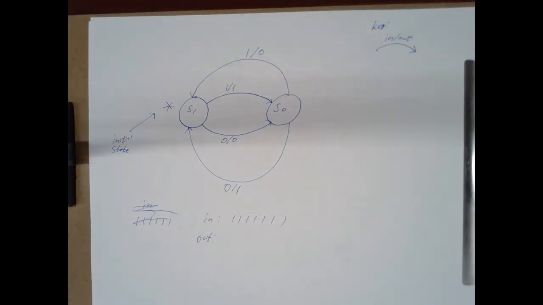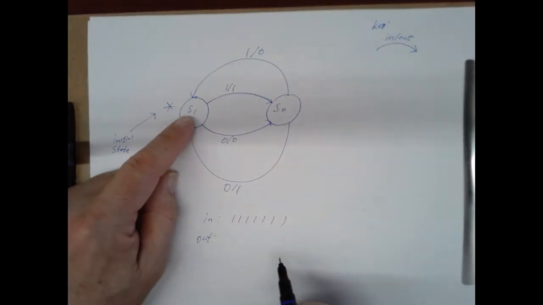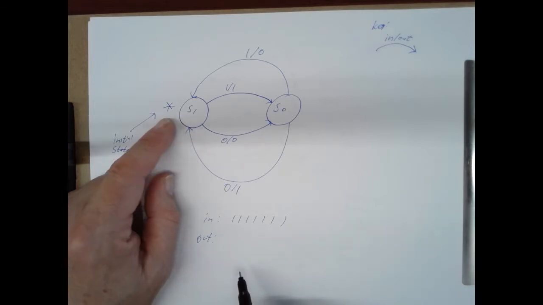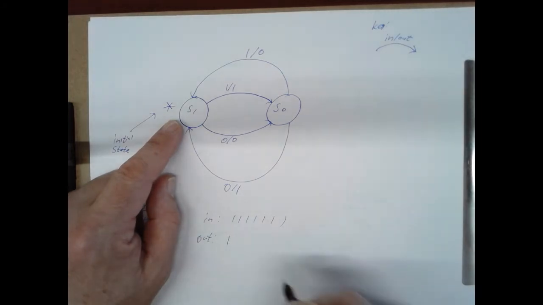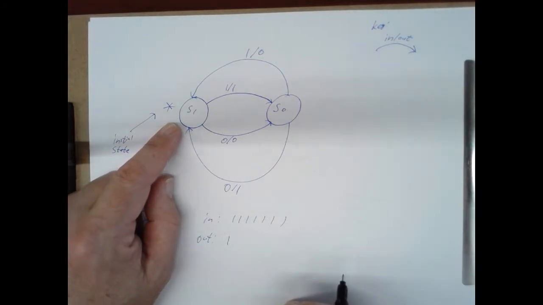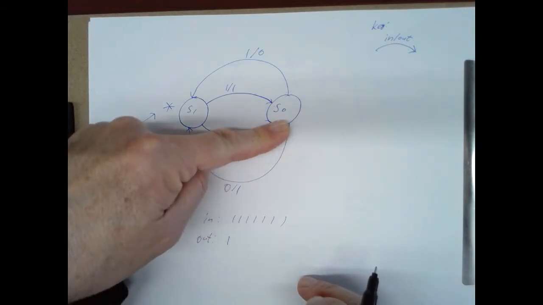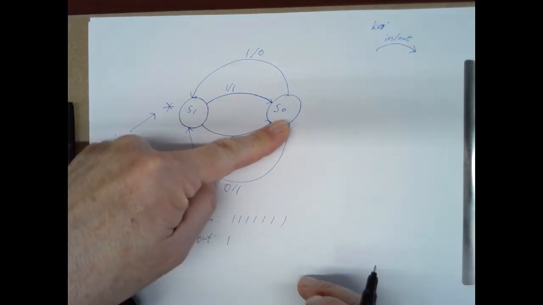So what's the first thing it's going to do? We're starting off in state 1. Clock ticks, what's going to happen? It's going to output a 1, and it's going to move to state S0. All right, next clock tick. We're still inputting a 1, what's it going to do?